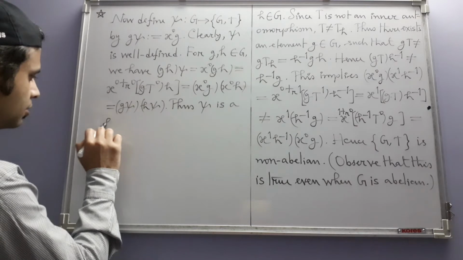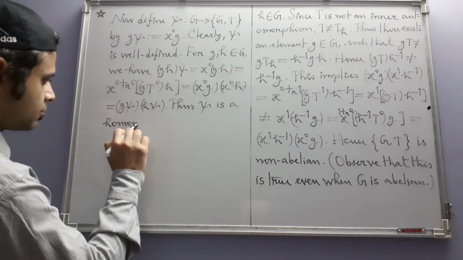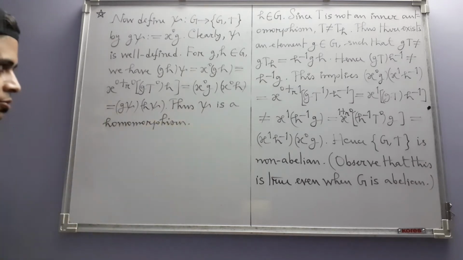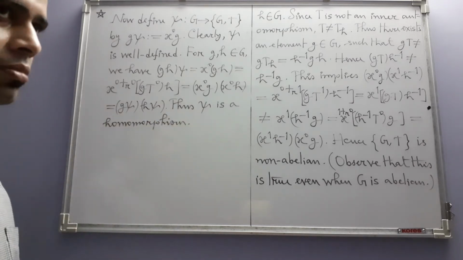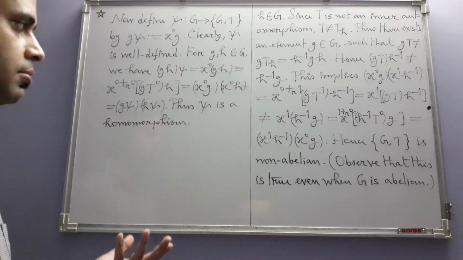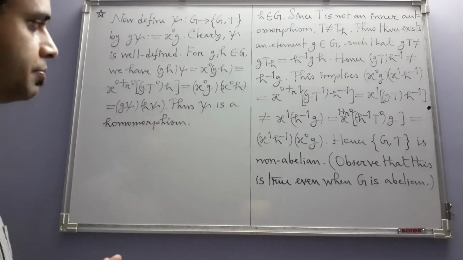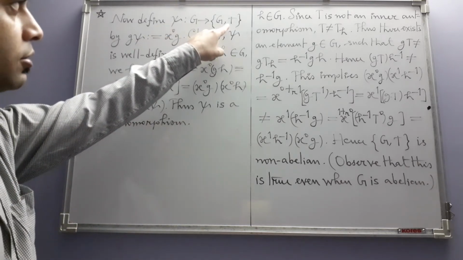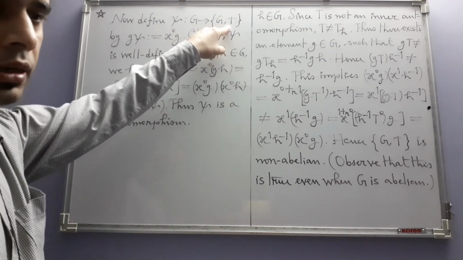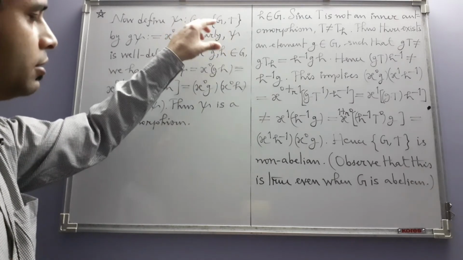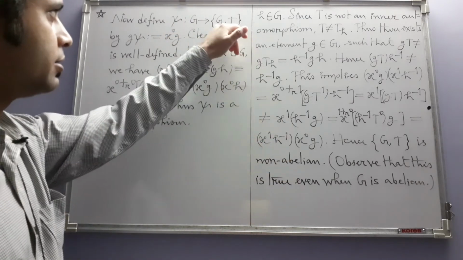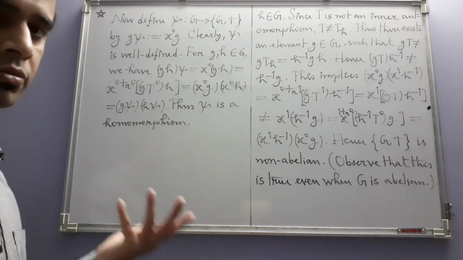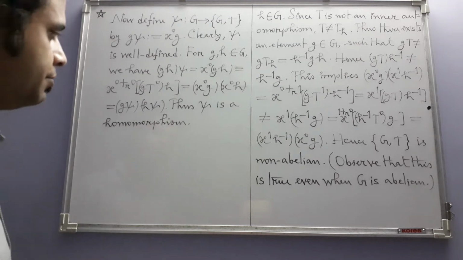Thus this is a homomorphism. Now for an embedding, this homomorphism should be shown to be an isomorphism, because then only G will be isomorphic to a subgroup of this, and in that sense G can be made to sit inside this group as a subgroup, and then again we have to show that that subgroup is normal.